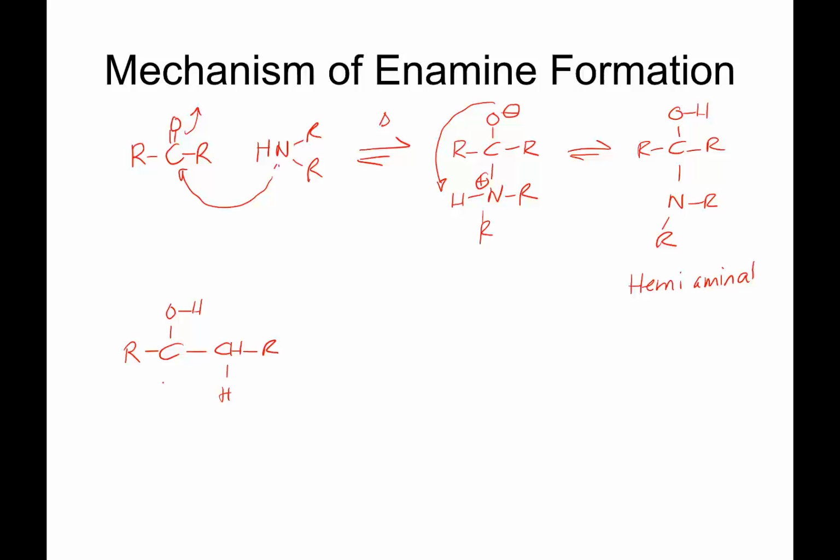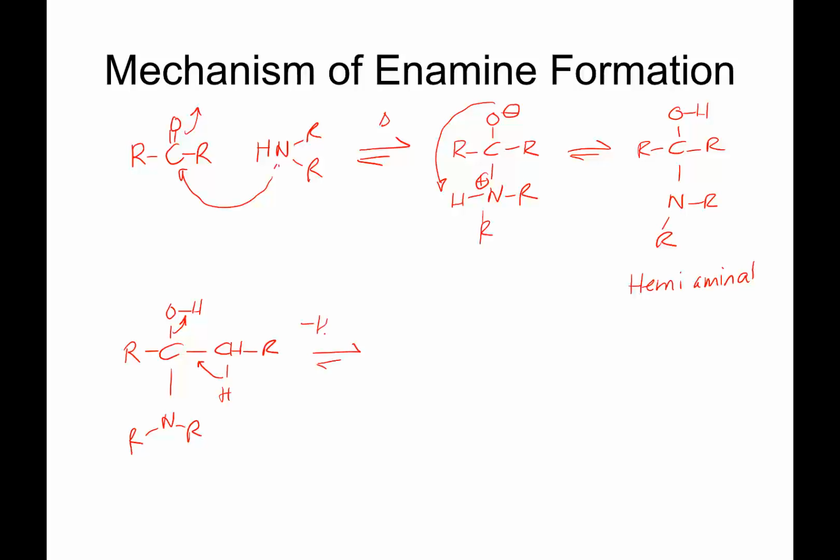So I'm going to rewrite the molecule like this. When we're doing our elimination using a secondary amine, the elimination is going to come from the carbon that's attached to what was the carbonyl group. So now I'm going to lose this hydrogen and the hydroxide.